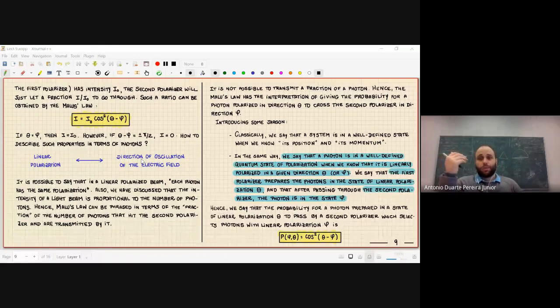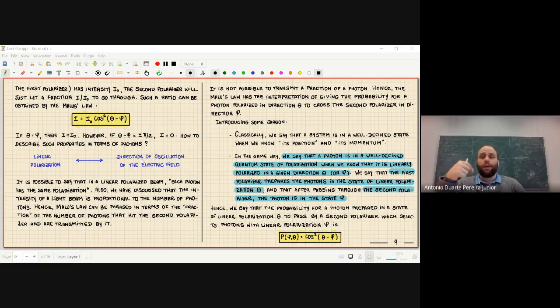However, as we have seen, light can be described also in terms of photons, and we want to describe the same polarization phenomenon now in the language of photons. And the relation with quantum mechanics is that the language that we are introducing now in order to describe polarization of light as a beam of photons is the language of quantum mechanics.